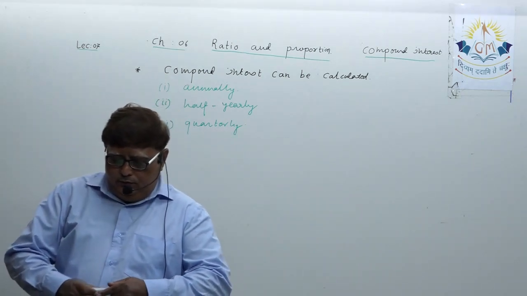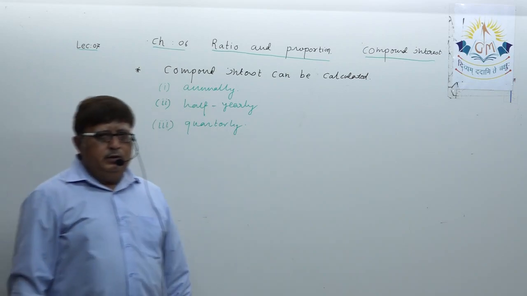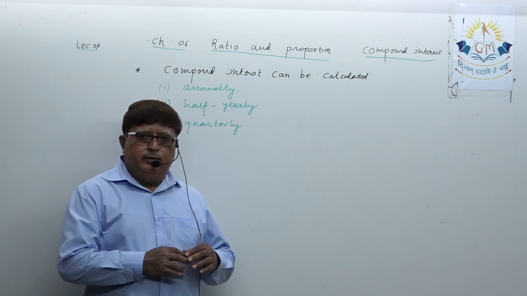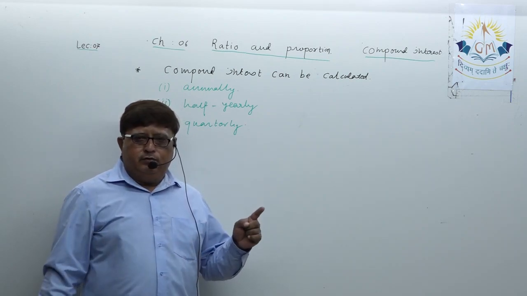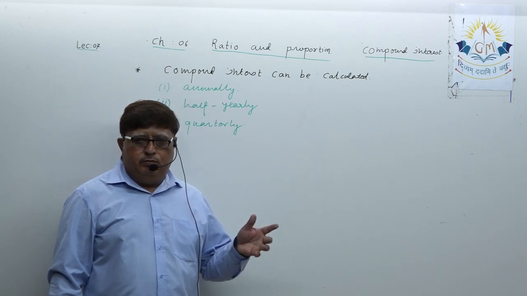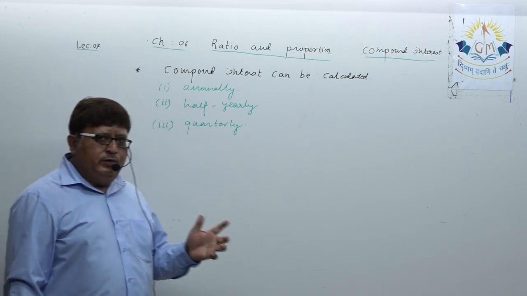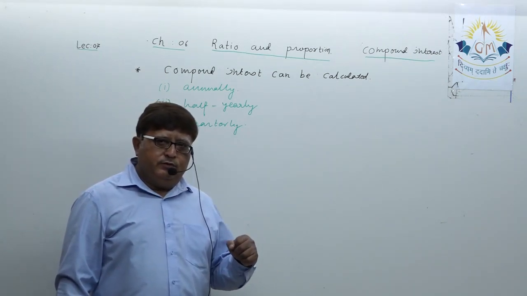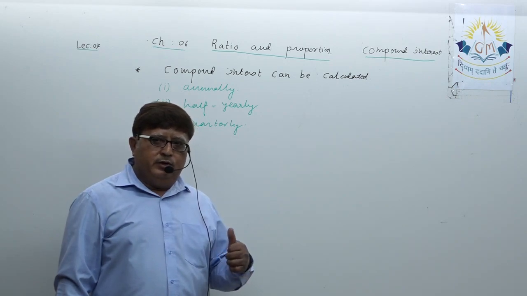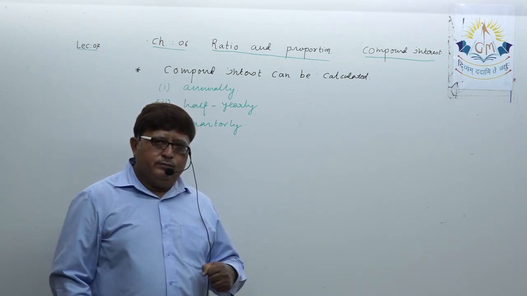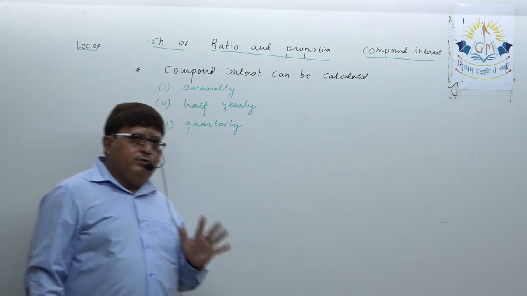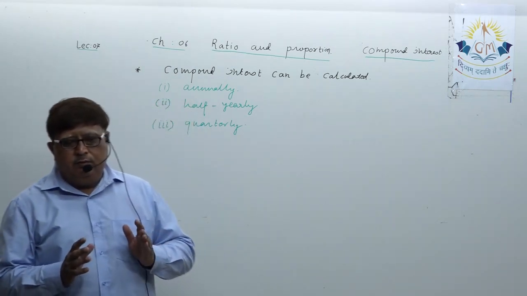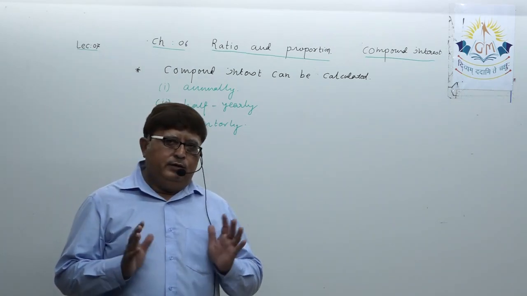Actually, you have solved maybe in previous standard the examples of simple interest, where also you may have come across some examples where you are counting interest yearly, 6 monthly, 9 monthly, whatever. But dear student, remember one concept very clearly.